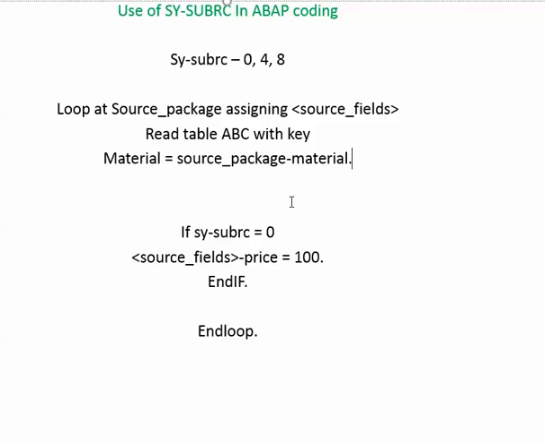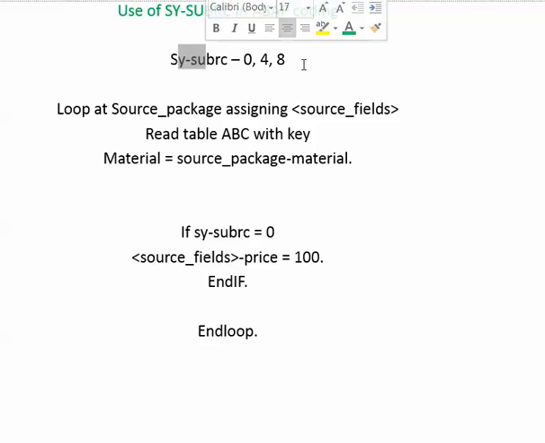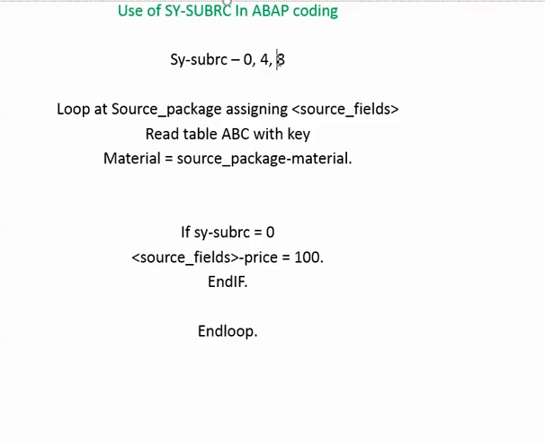First let me start with this: SY-SUBRC has a few return codes, called 0, 4 or 8. If SY-SUBRC is 0, it means the condition is successfully read.